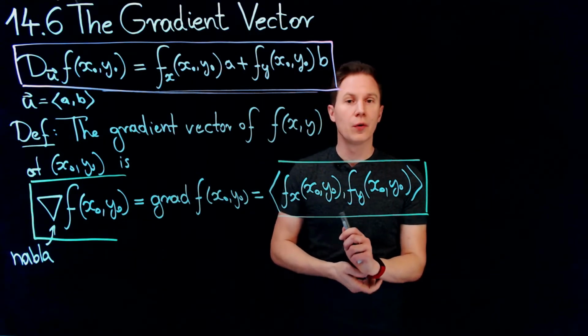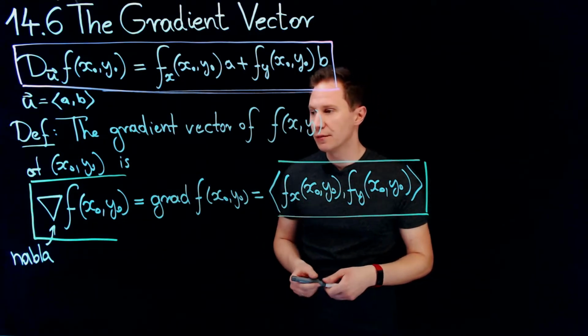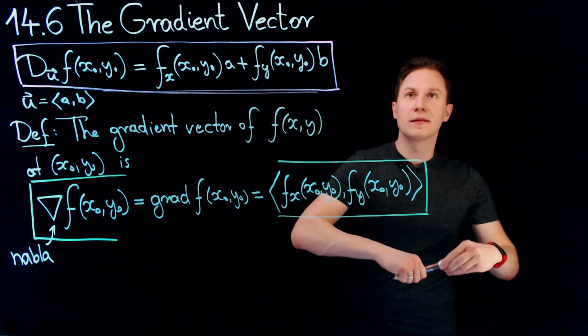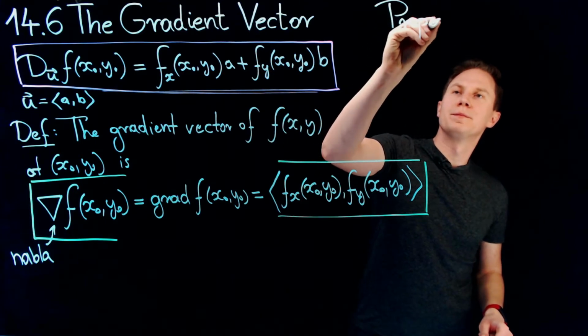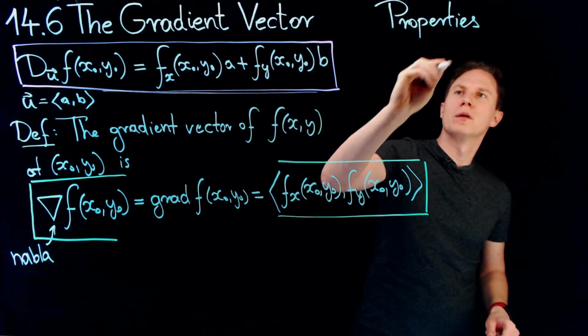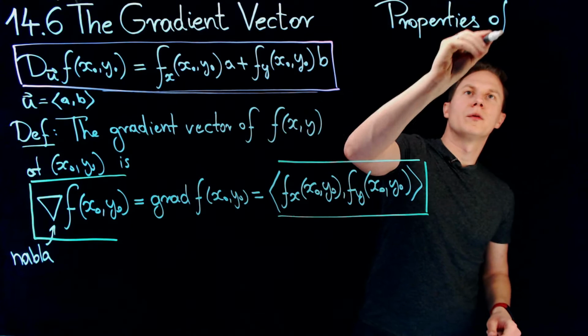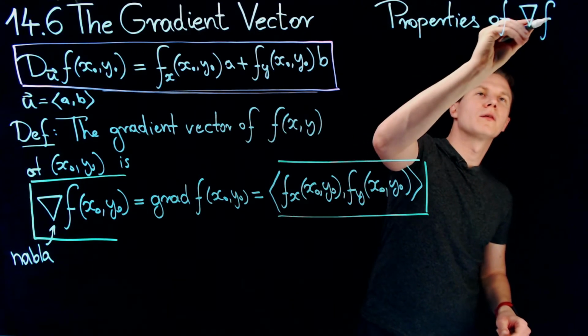So it tells you a lot about the function. First of all, let's just collect these properties. The properties of the gradient vector.